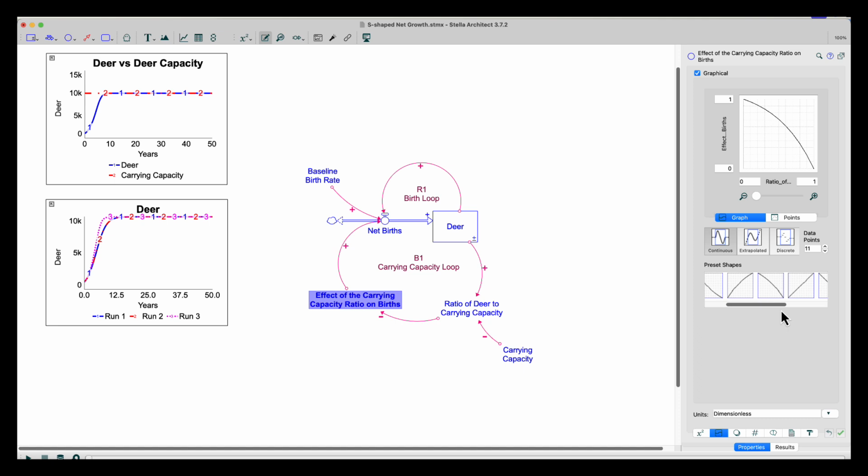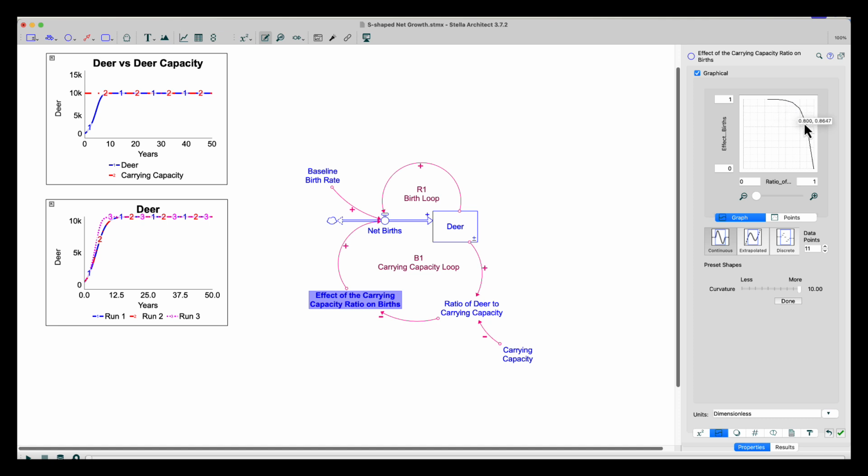So I'm going to change this even more. And I can go in and click on the graph again, and it opens this curvature here. And let me just crank it all the way over. And what this is saying is that if I have 10%, the birth rate is going to be the same. If I'm up to around 20, 30%, the birth rate is almost the same. I get up to 50%, and then the birth rate just starts to change, just a very small amount.